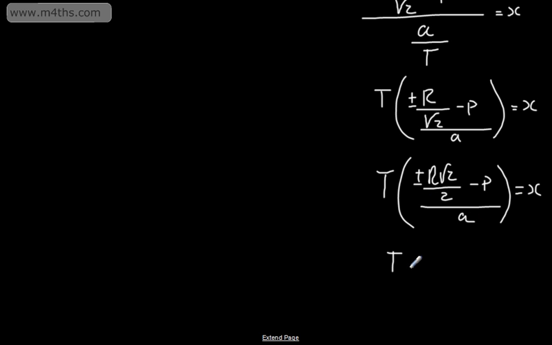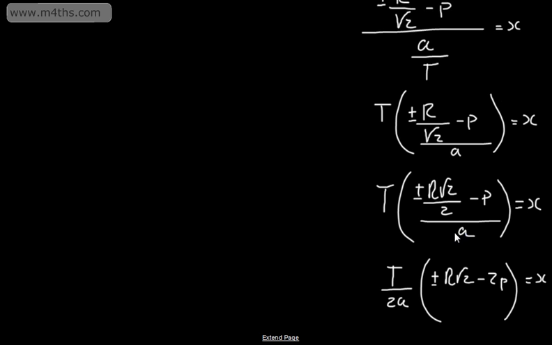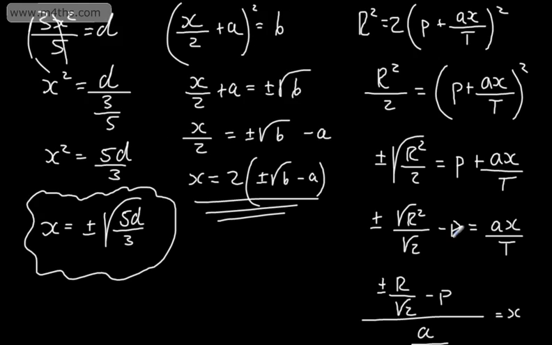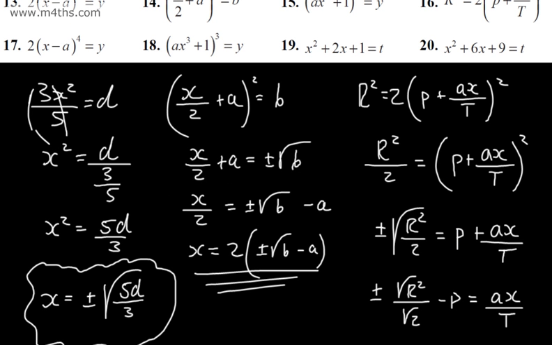We could write this even as t over 2a, and then we would have plus or minus r root 2, minus 2p, and that will give us the value of x. So this is just looking at alternative ways. If you're at this stage, I'm kind of taking liberties to think you might know that. If not, perfectly fine if you don't.